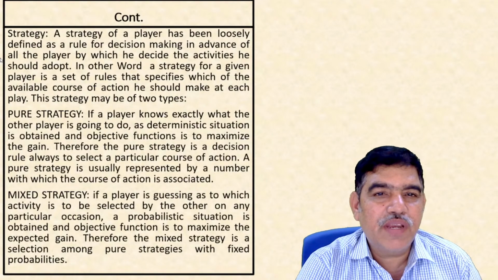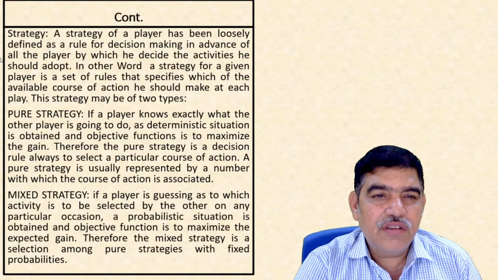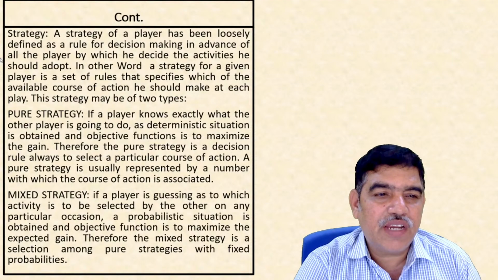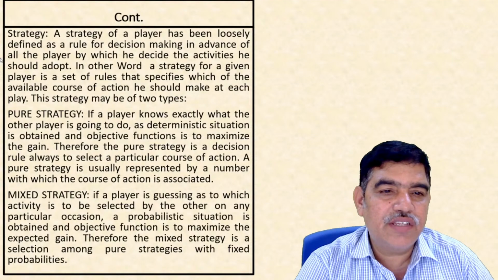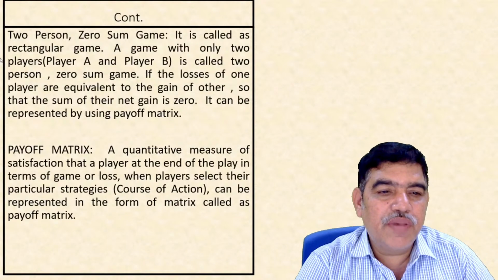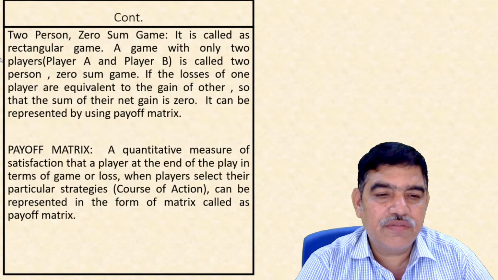A strategy of a player has been loosely defined as a rule of decision making in advance of all players, by which the player decides the activities he should adopt. And there are two types of strategy: pure strategy and mixed strategy. Then payoff matrix, we can represent the payoff values in matrix form.